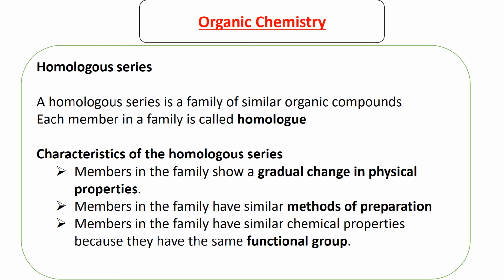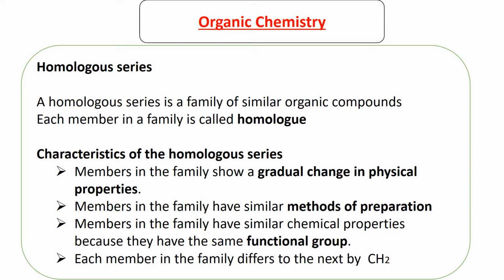So this functional group gives a given family its chemical property. The very reason why there are different families, meaning that there are different chemical properties determined by the functional group of that family. What is this functional group?